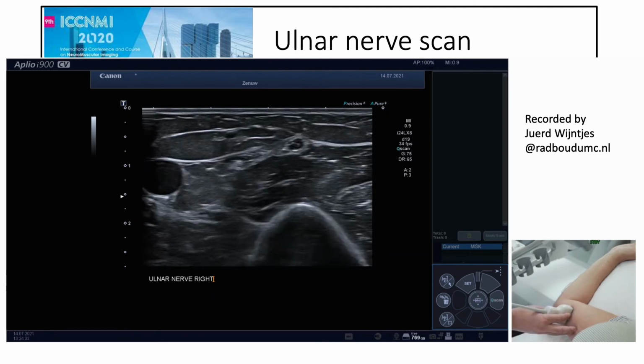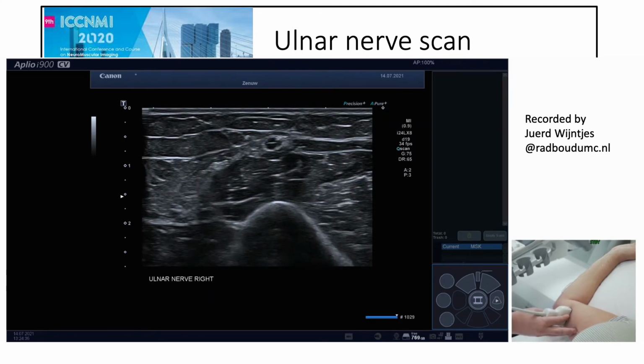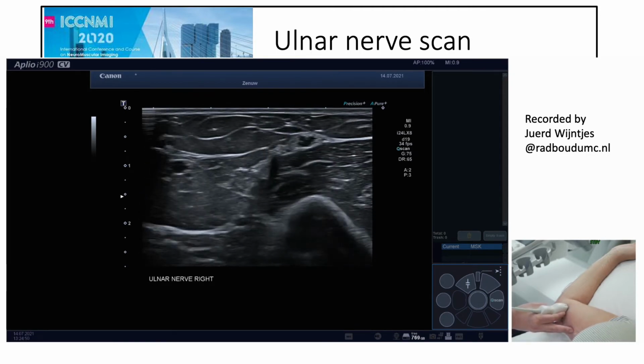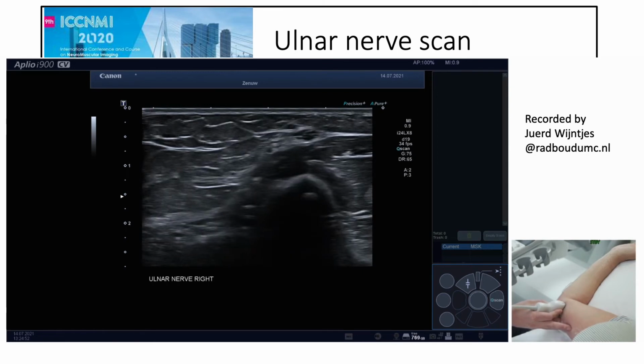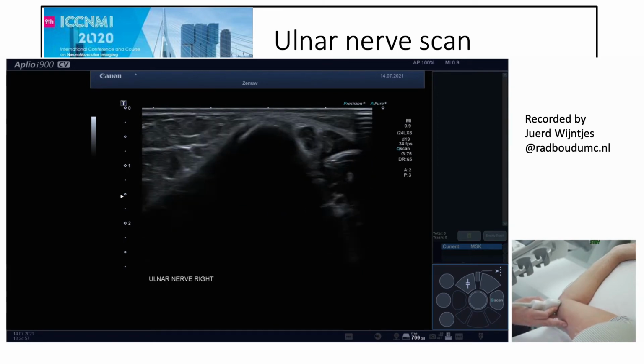And we can also measure the cross-sectional area at different points. Usually we use the trace technique, but here you will see the utility of the ellipse. This measurement is faster, but sometimes not so accurate. Now we move again distally towards the medial epicondyle.